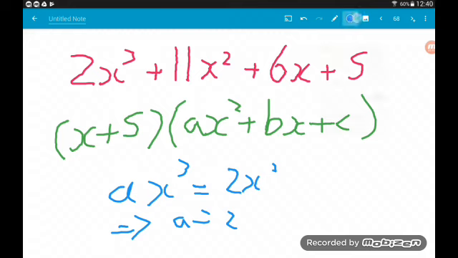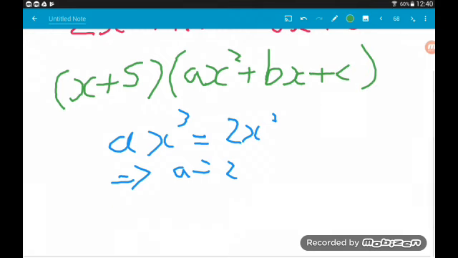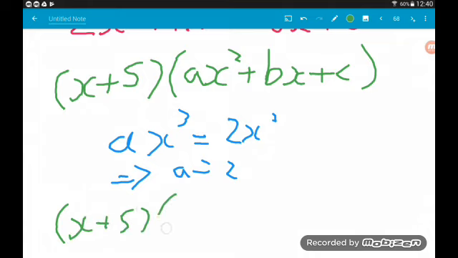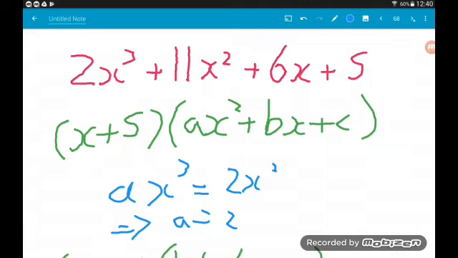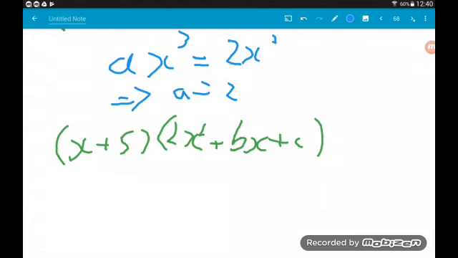Good times. Okay. So, we can now write this as x plus 5 times 2x squared plus bx plus c. Now again, c comes quite easily because that's just a constant at the end. So our cubic has a constant of 5. So that tells us then that 5 times c has to equal 5.